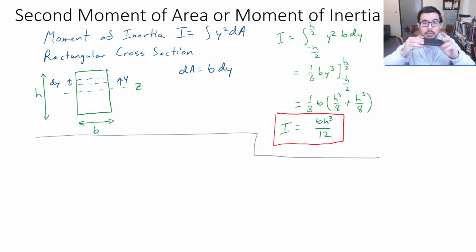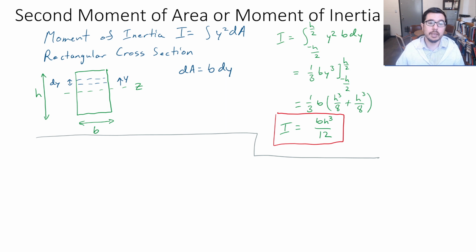But if I simply turn this object like so, and I have a lot of b in this direction, and my h is this, I'm not going to have nearly as much I, okay, because my long dimension is the b and it's not being cubed as it was here. So this quantity allows you to think, oh, well, if I have a beam, right, and I need to think about how stiff it might be.